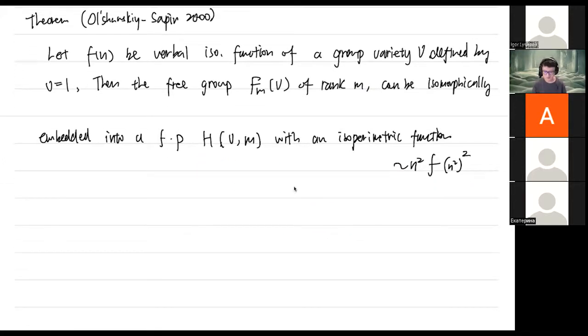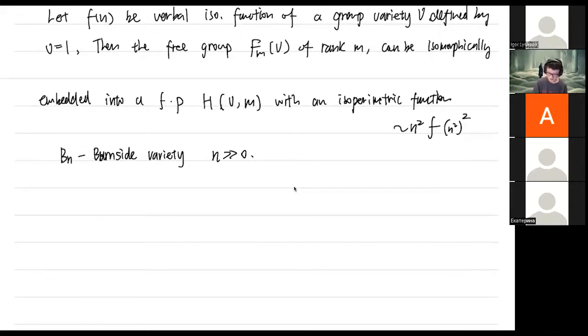Okay, so what's the consequence of this theorem? First, they investigate the Burnside variety. Let B of n be the Burnside variety for n very, very large.